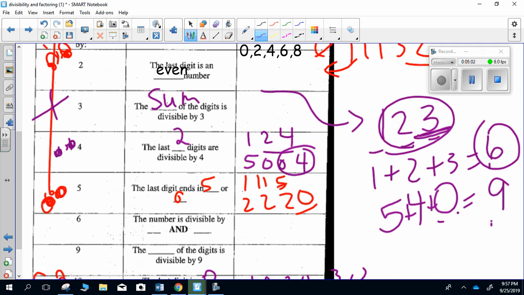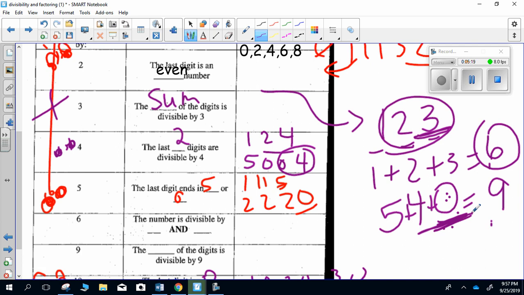In this case, because 540 ends with 0, it's also divisible by 2, by 5, and by 10. And because it ends with 40, it is also divisible by 4.